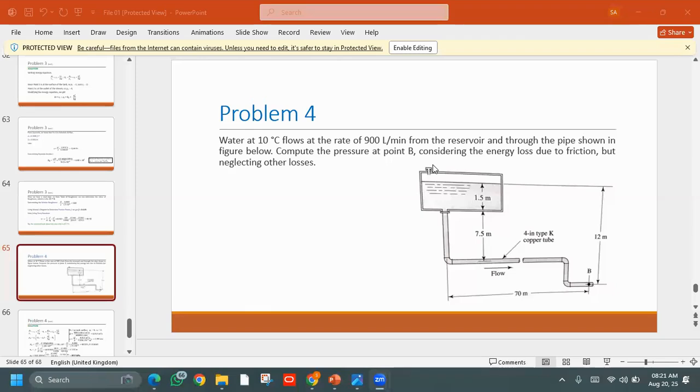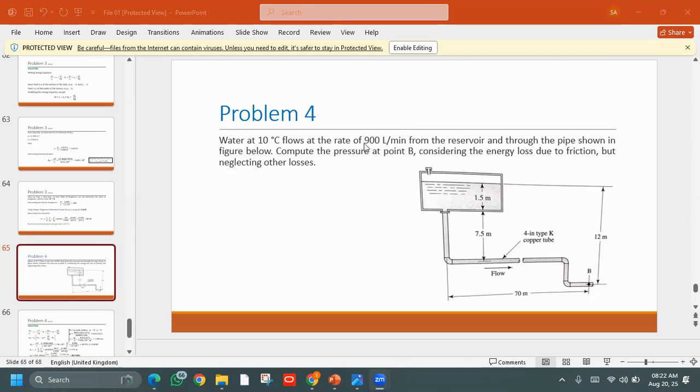But before moving towards the answer, we need to discuss the question. The fluid flowing through this pipe is water at 10 degrees centigrade, and the discharge through the pipe is 900 liters per minute.